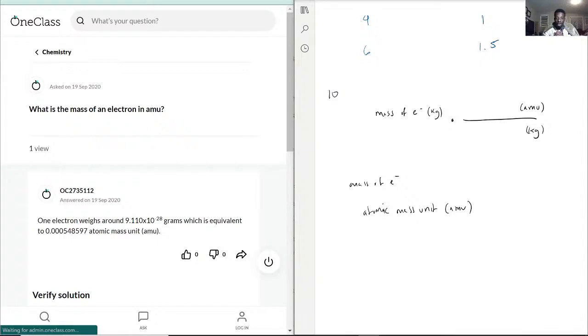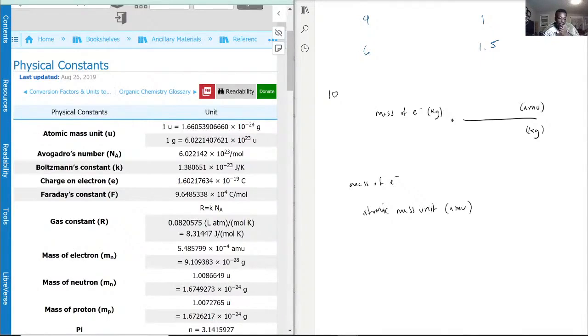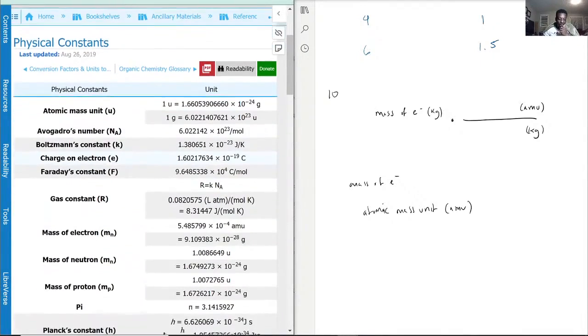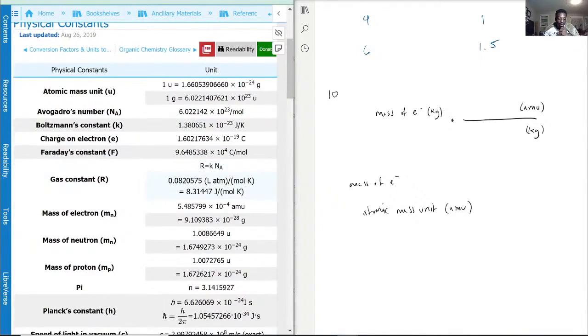So hopefully they also don't require that of you, and they've given you a second type of conversion sheet, more specifically a constant sheet, where they give you common constants and values that you typically use in chemistry or physics. Here we actually even have atomic mass unit as well.